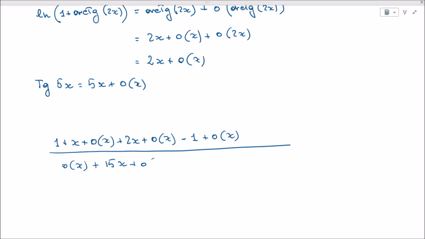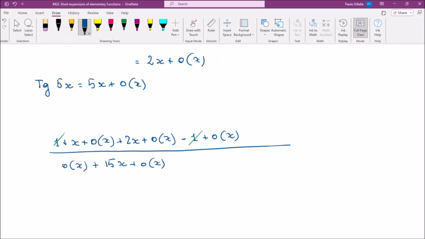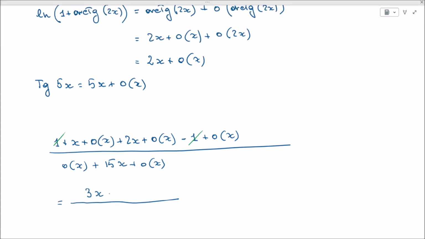And this finally gives, if we sum all the x's, we get 3x on top plus little o of x, and then we have 5x below plus little o of x, and this clearly converges to 3 divided by 15, which is nothing else than 1 divided by 5.